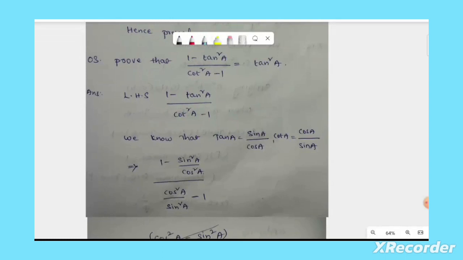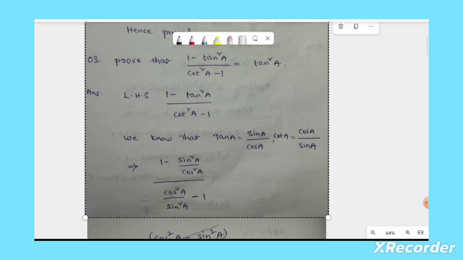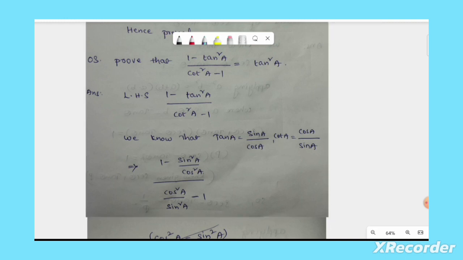Here again we need to prove LHS equals RHS. On the left hand side they have given (1 minus tan square a) by (cot square a minus 1) equals tan square a. So our intention is to get the answer in terms of tan.